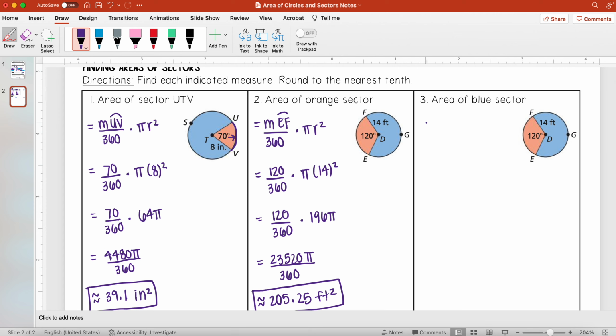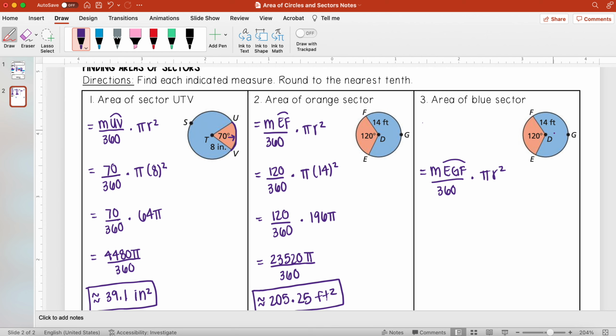And so the area of the blue sector is going to be equal to the measure of arc EGF over 360 times pi r squared.